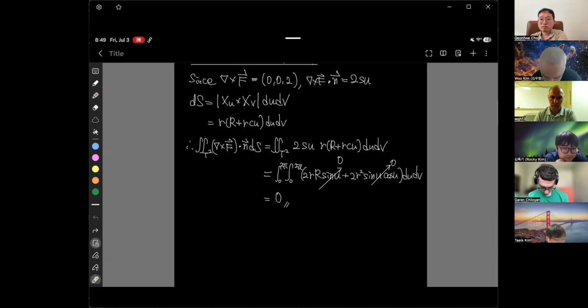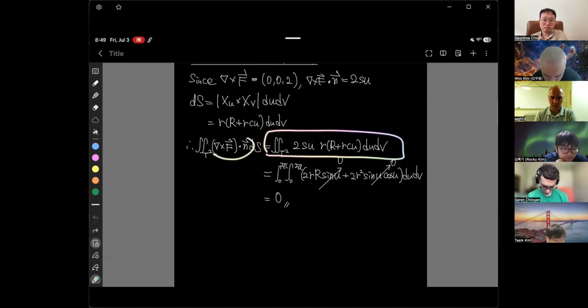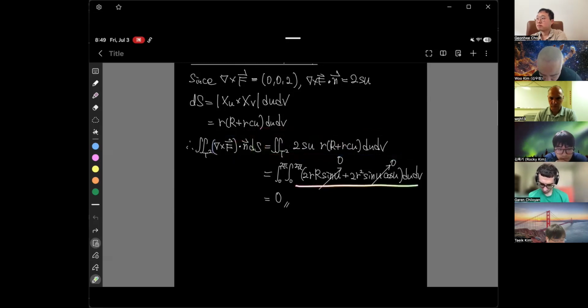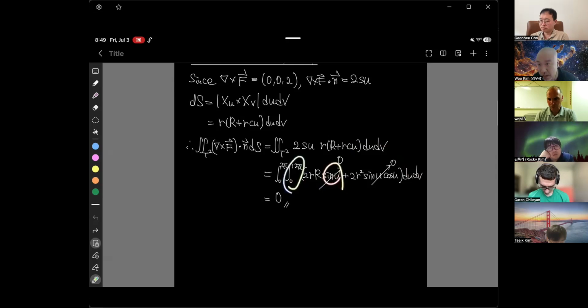And this part we already had the result, so substitute this one, and this part is simple. The integral interval is from 0 to 2 pi and then 0 to 2 pi. If you think about it, the variable is u in this first term, with du from 0 to 2 pi, which is 0.